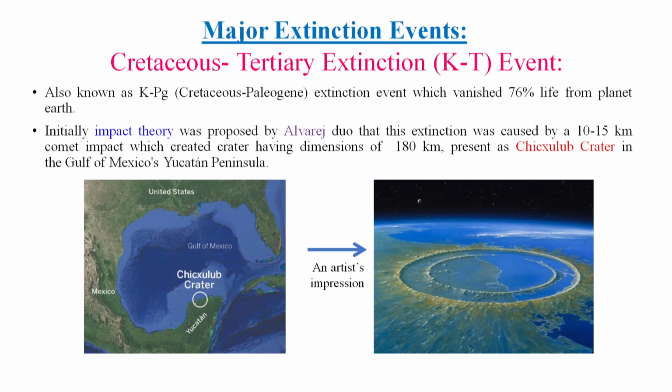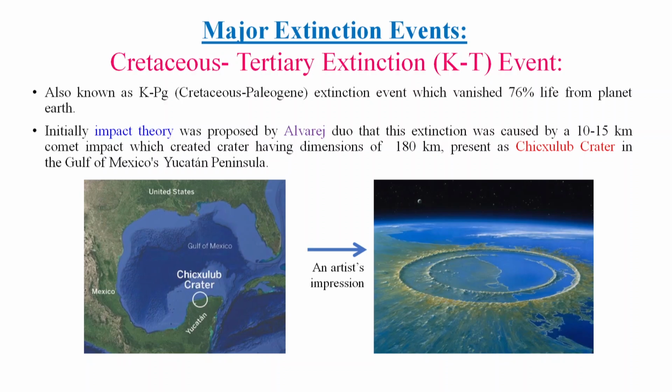Also known as the Cretaceous-Paleogene extinction event, it vanished approximately 76% of the life forms on earth. So at that time, out of the complete biodiversity, 76% or even more was lost, and this boundary also demarcates the extinction or complete death of the dinosaurs.